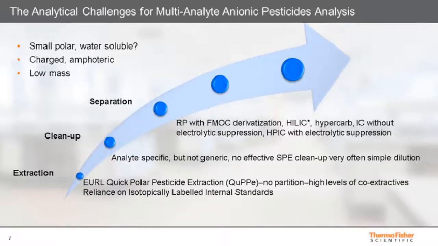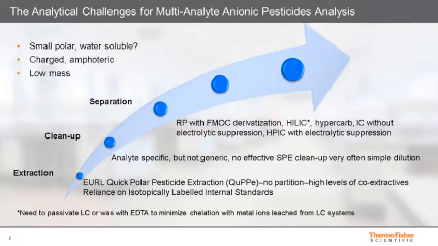Ion chromatography with no electrolytic suppression is not robust enough, as the detector cannot stand the high ionic strength of the mobile phase for long. And this leaves, as the only option, ion chromatography with electrolytic suppression.